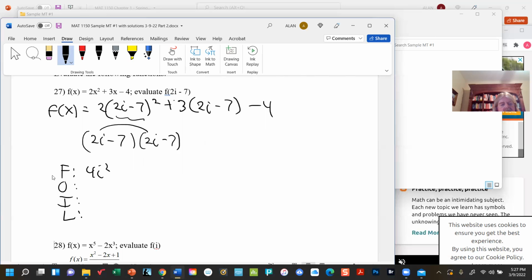Four i squared, negative 14i, negative 14i again, positive 49.